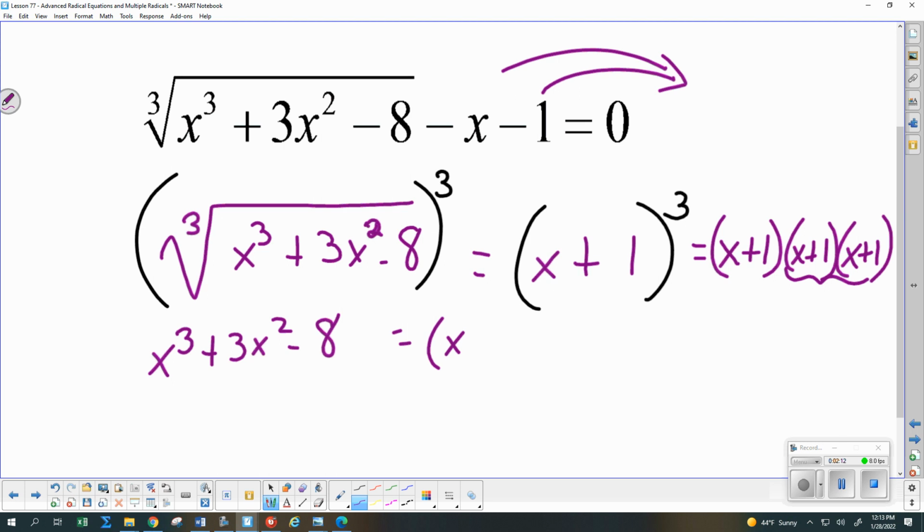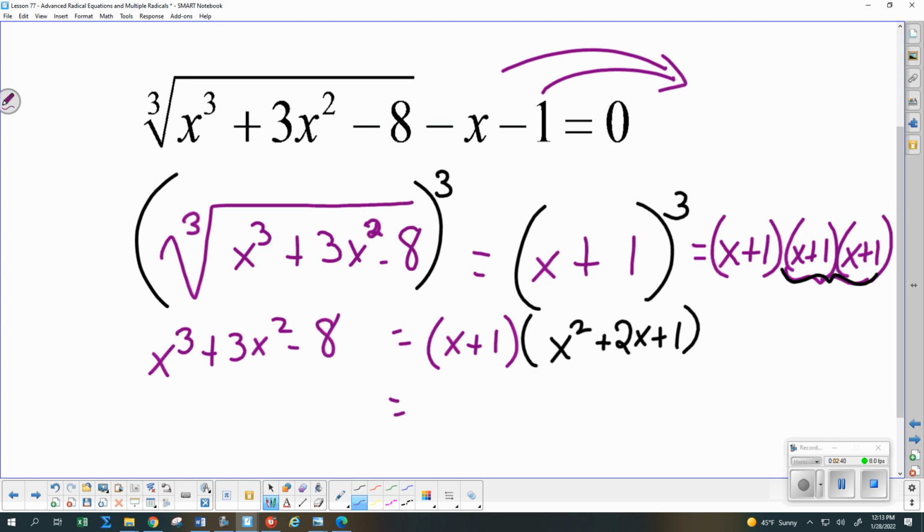So I'm going to keep that x plus 1 that I had on the left, and I'm going to put these last 2 together. I'm going to FOIL those so that I have x squared plus x, so plus 2x plus 1. Everybody with me so far? Okay, then I have to distribute what's in that little parentheses, the x and the plus 1, times all of that longer parentheses.